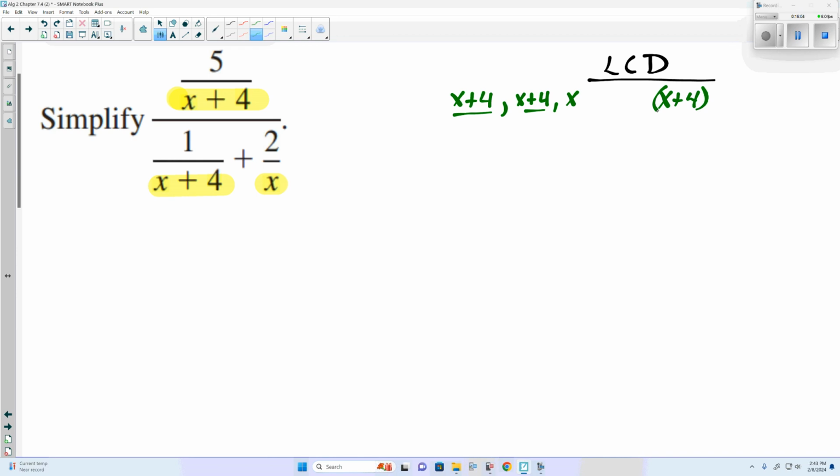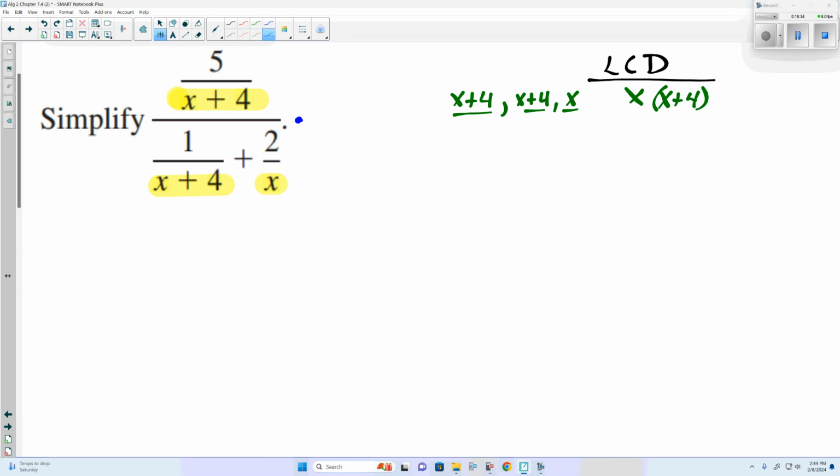We don't have to do anything to it. So for those, the least common denominator between x plus 4 and x plus 4 is x plus 4. Yes? So now we just need also our, what? X. So our least common denominator between these three expressions is x times x plus 4. Okay? We're good with how we got there. It's a little odd, especially with expressions, but that's our least common denominator.